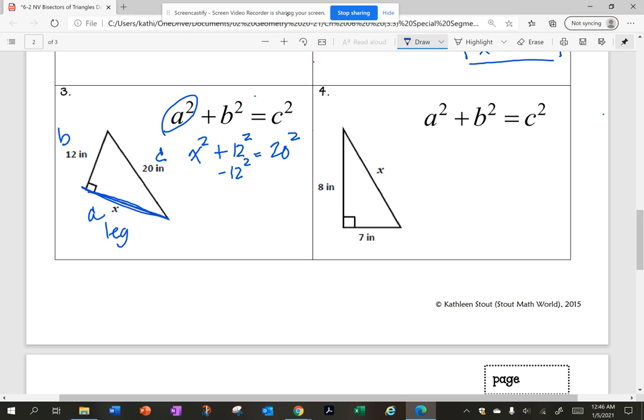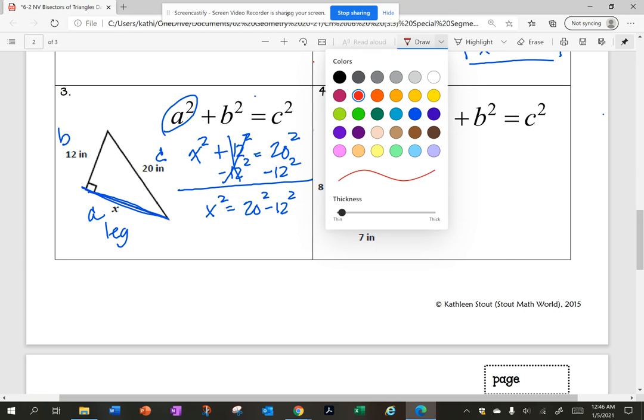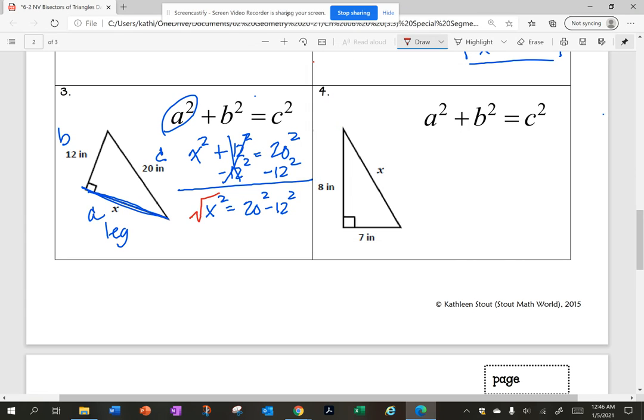So I'm going to subtract 12 squared from both sides, and I get x squared equals 20 squared minus 12 squared. Next I'm going to take the square root of both sides, so I get x equals 16.